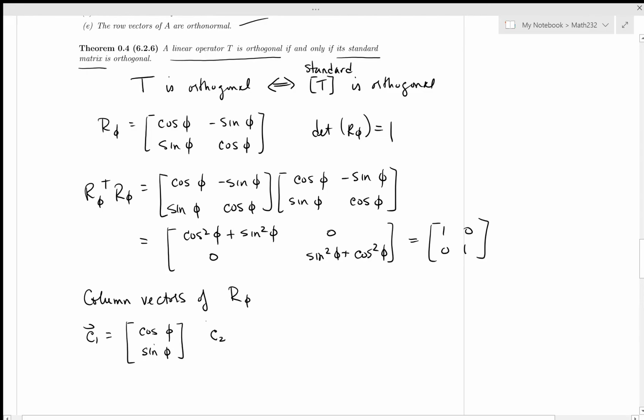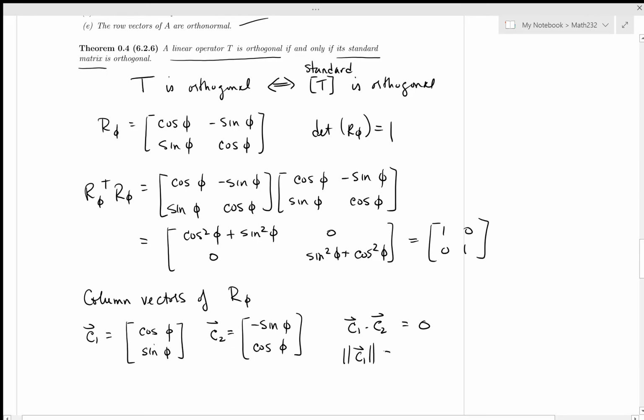Column 2 is minus sine phi, cos phi. They should be orthonormal. So let us take the dot product and see if they're orthogonal. I take the dot product of these two, and I get 0. So they're orthogonal.